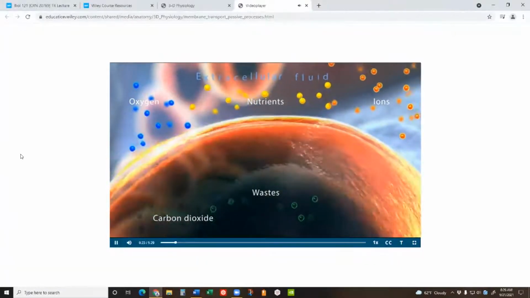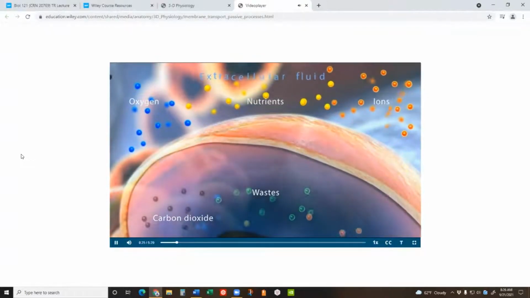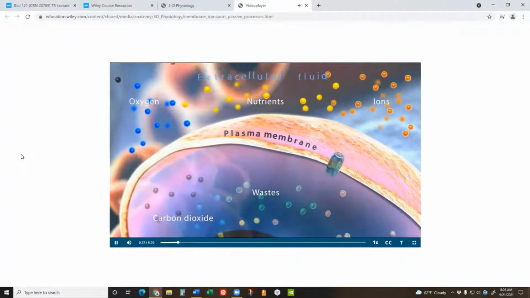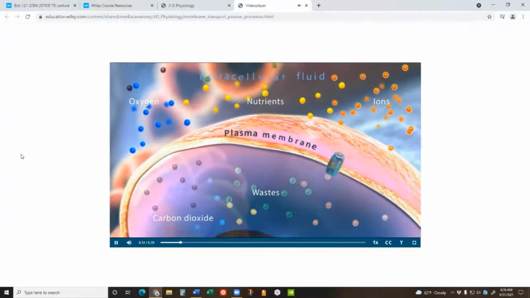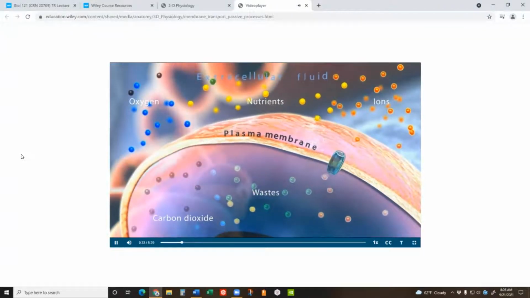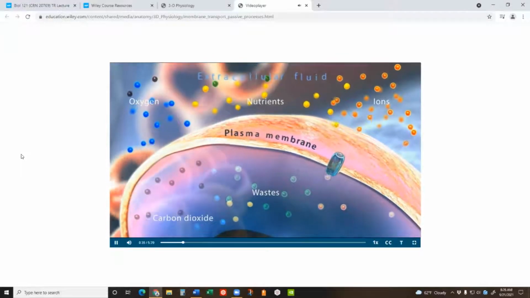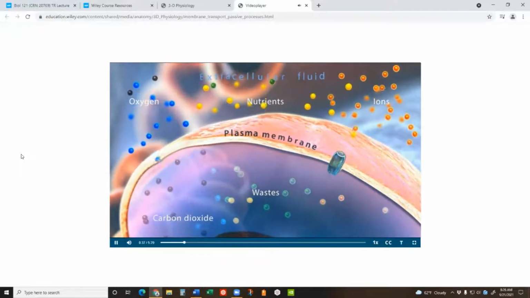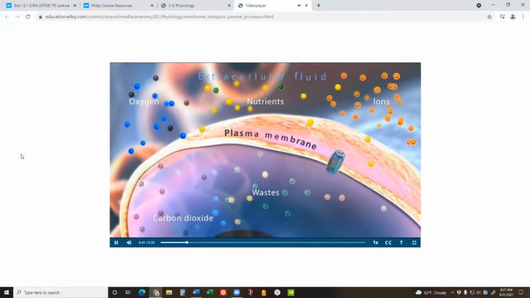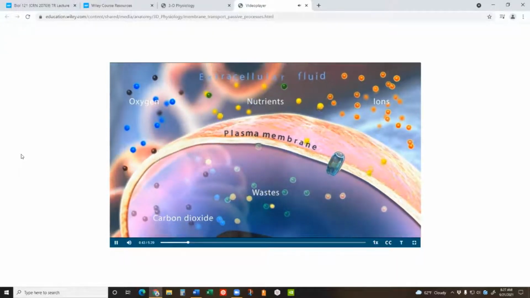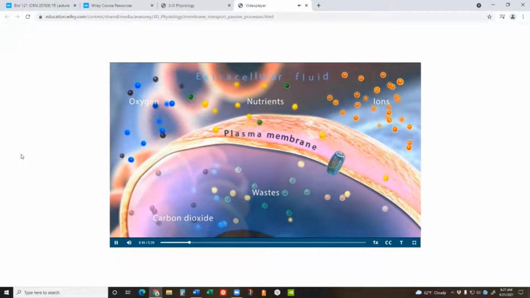All of these substances need to be transported across the plasma membrane. Active processes utilize energy to move a substance across the membrane, generally from areas of lower concentration to areas of higher concentration. Passive processes require no energy to accomplish this movement. Gases, ions, and nutrients are transported this way.